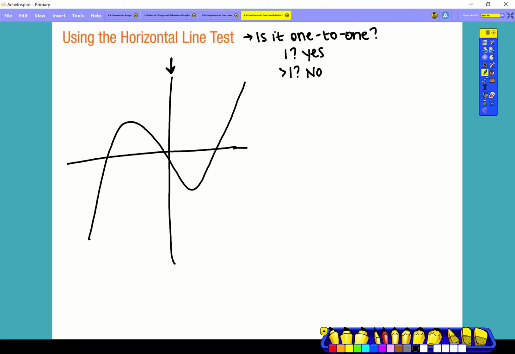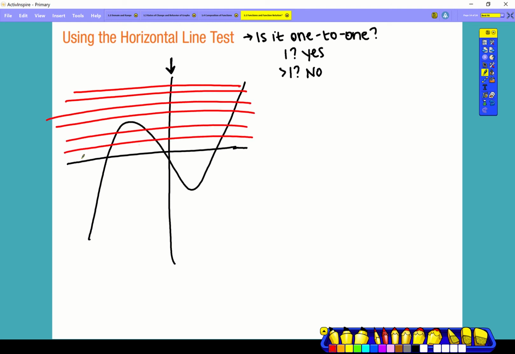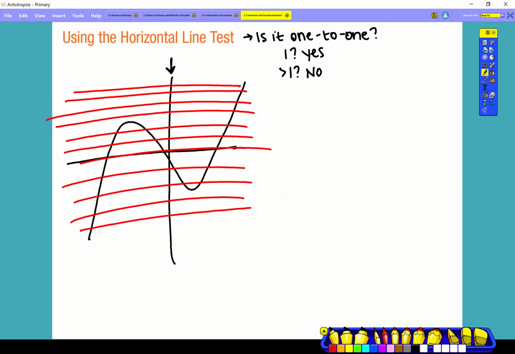So what that means is that any horizontal line that you draw, the problem is at this value, it has three values of x associated with it. So this is not 1-to-1. But notice that it is still a function. So, you know, it's not all bad.